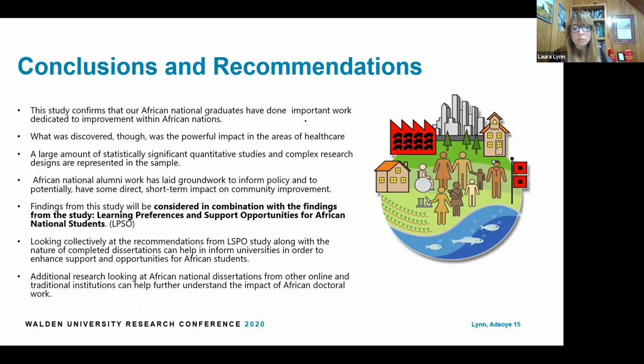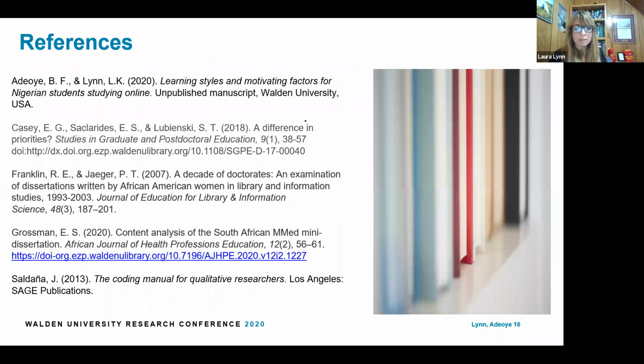If you want to go to the next slide, then we can get to the questions. So just a few references among our many references. One thing I wanted to point out is the Grossman reference that had different findings than ours, where they looked at a content analysis of many dissertations from a South African medical school.